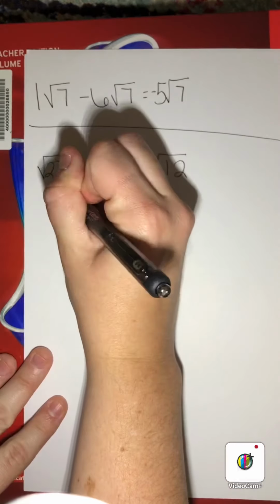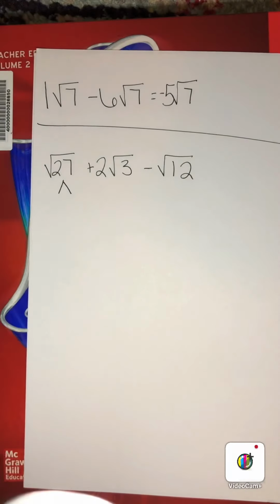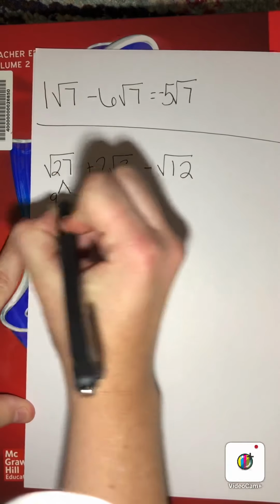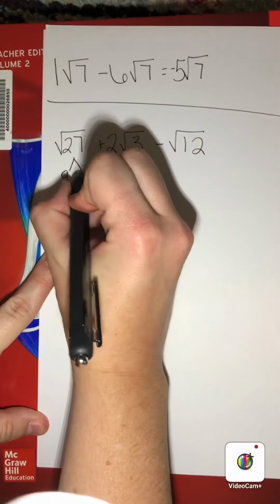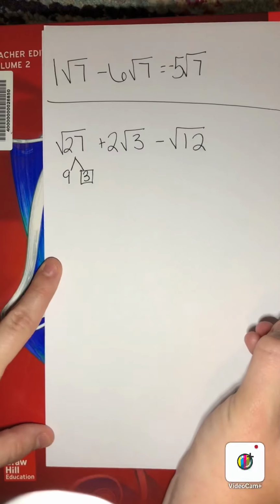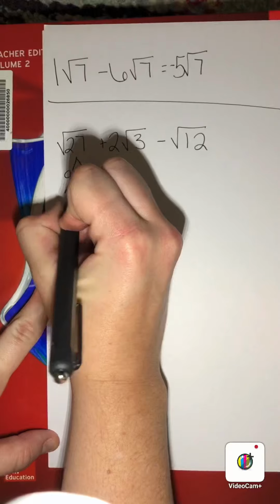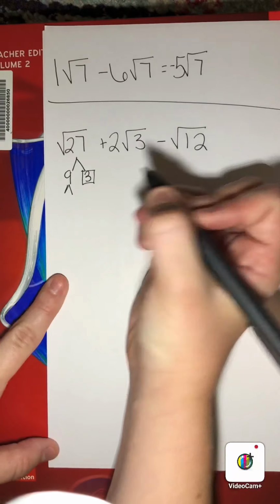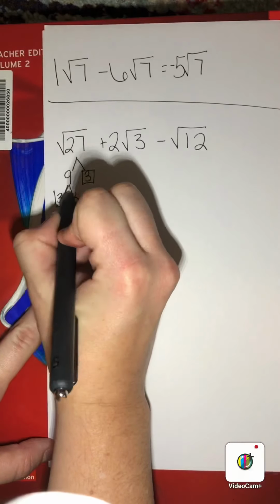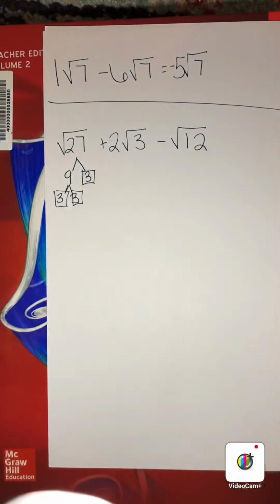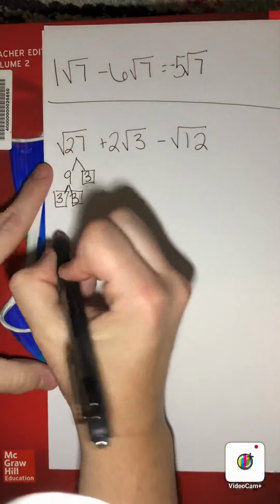So 27, I'm going to draw a factor tree, and I'm just looking for 2 numbers that multiply together to get 27. So I can use 9 and 3. 3 is a prime number, so it's as low as it can go. 2 numbers that multiply together to equal 9 are 3 and 3. Again, those are prime. Once you get to all prime numbers, you know you're done.